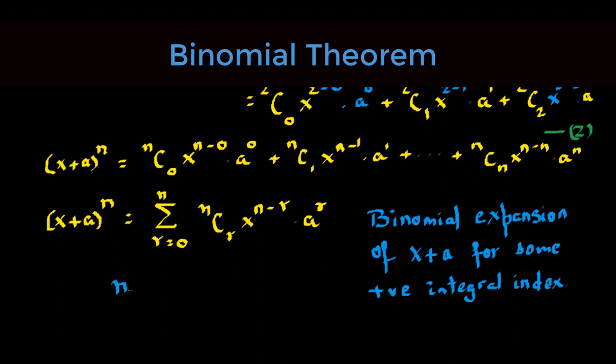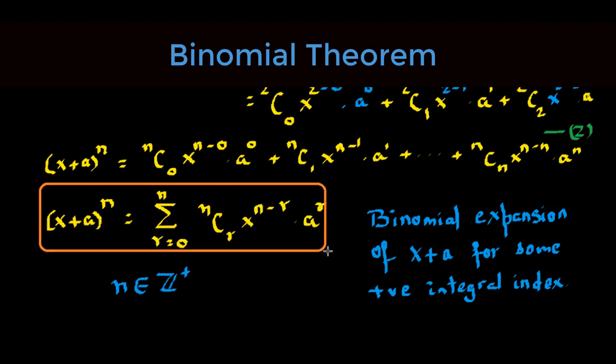It means n is an integer and it is positive, so some positive integer n. So the binomial expansion of x plus a is given by this formula.